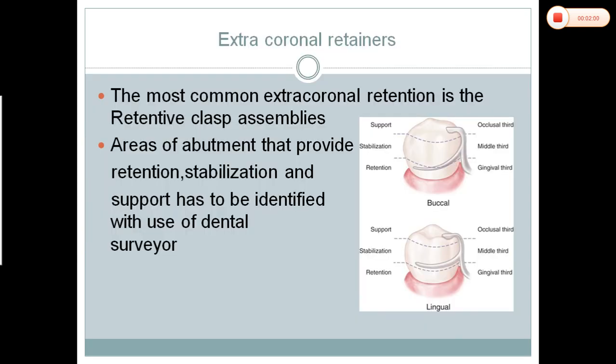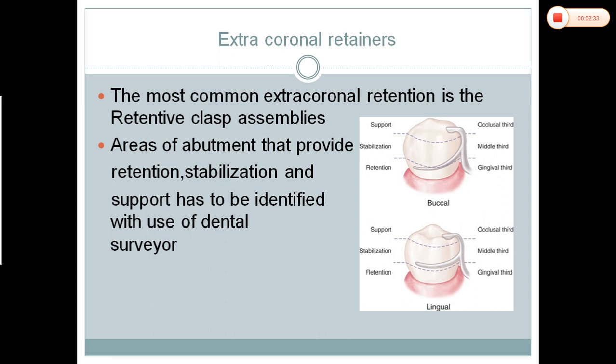Coming to extracoronal retainers, the most common extracoronal retention is given by retentive clasp assemblies. So when you are writing about direct retainers, you will be mostly dealing with clasps. We commonly call it a clasp. A clasp consists of different components, and all these components are termed clasp assemblies.